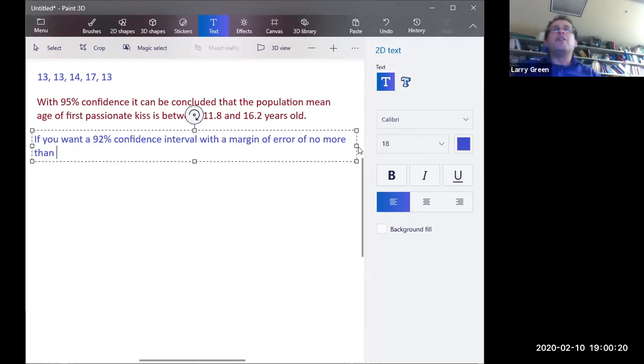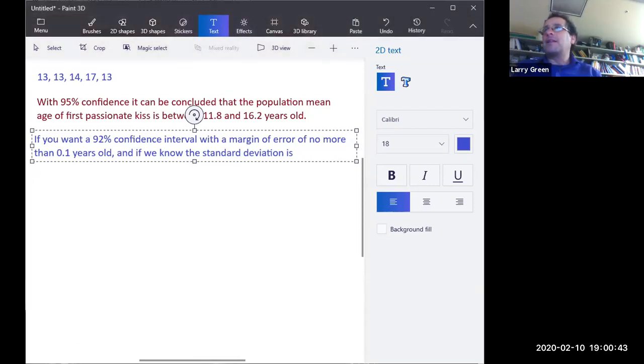How about no more than 1/10 of a year old? And if we know the standard deviation is, and now I'm just going to look at what the standard deviation was. You won't see what I'm looking at. It's going to go to the calculator. The standard deviation was 1.7. I don't know if you remember, but that's what the calculator said.